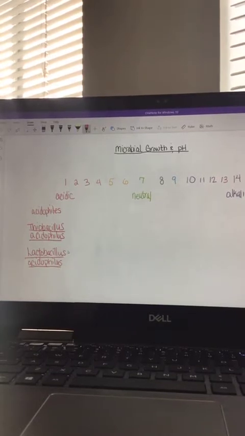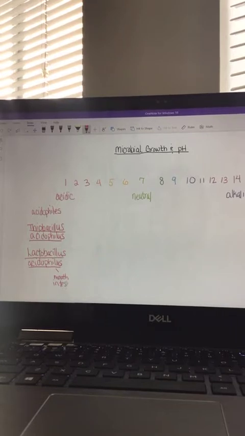You see that in yogurt. You also can find this bacteria in your mouth, your intestine, and in the vagina.